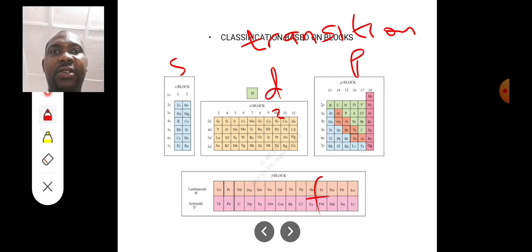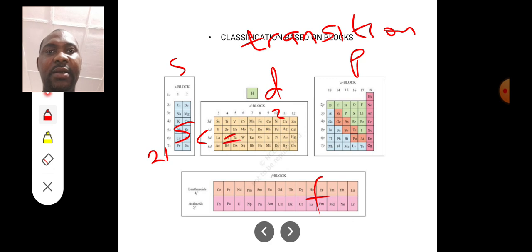Their configuration ends with d. I'm supposed to show you how to write their configuration, but we may not go into that now. Let's see scandium, for example. Scandium is the 21st element.